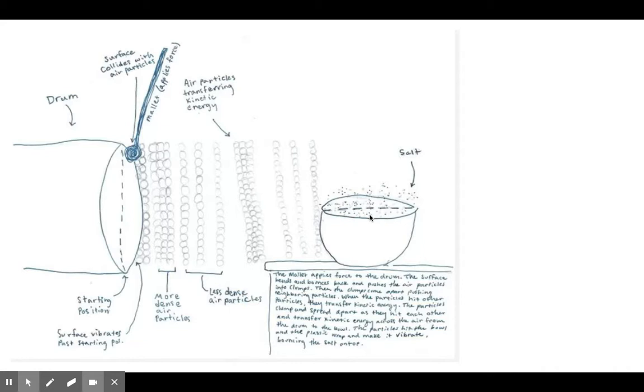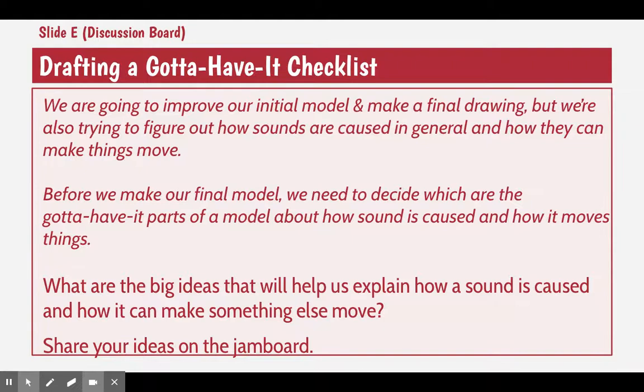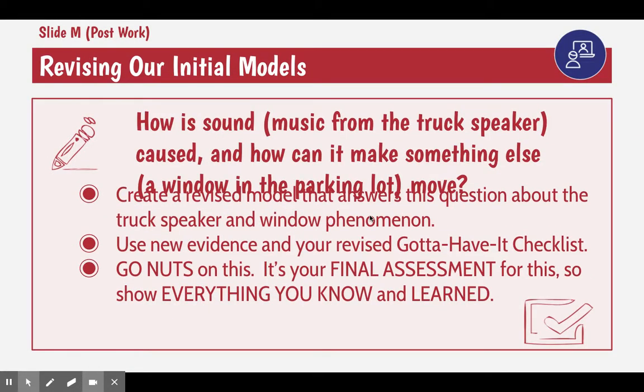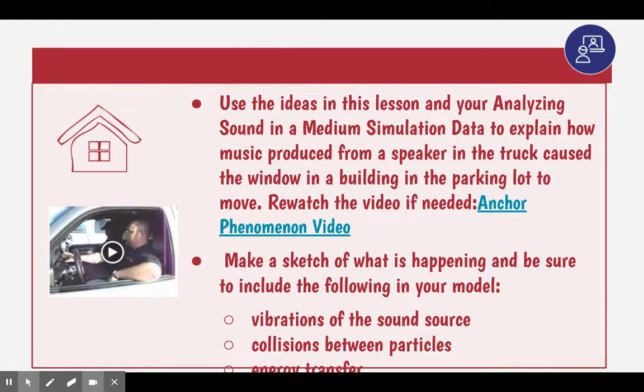So this is an inspiration for our final model, which you do as your final model. How is sound caused and how can it make something else, a window in the parking lot, move? You're going to create a revised model. You're going to use your revised gotta have it checklist, which is on the next page. It's your final assessment.